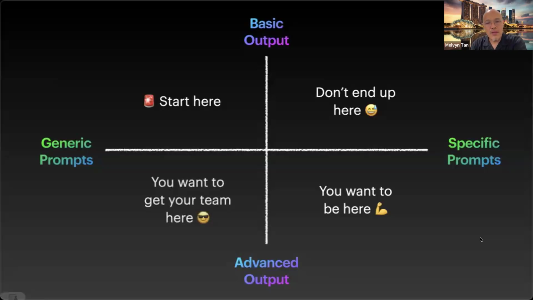And for many of my clients, what they really want is to get their team here. In other words, they don't want to have all these people trained in prompt engineering. What they really want is that these people understand how to use AI, and they're able to get fantastic output.